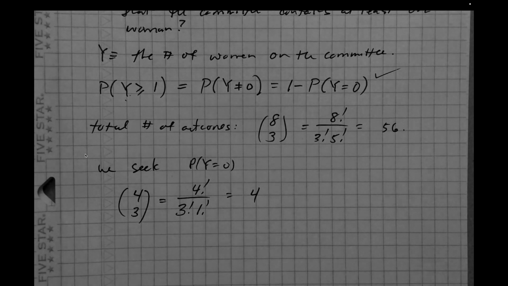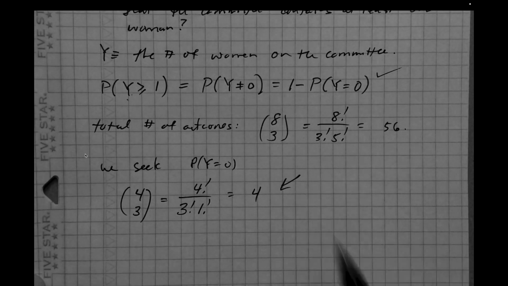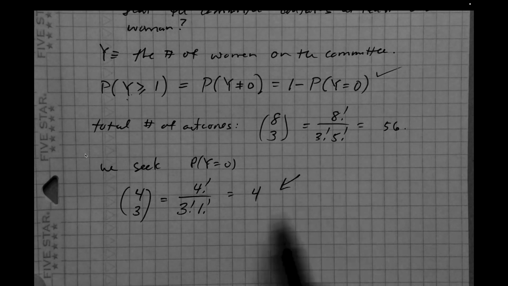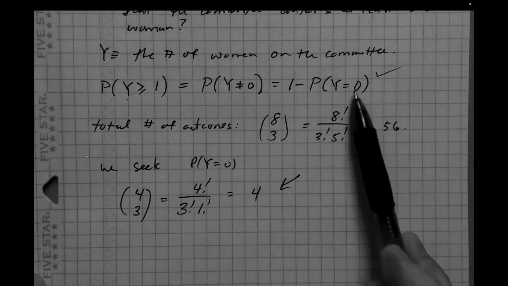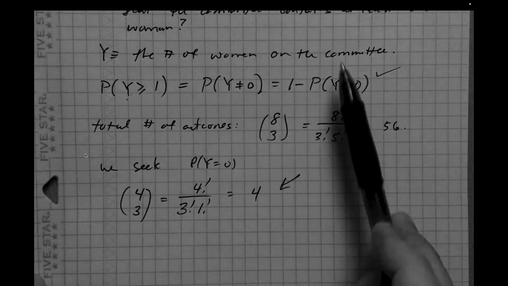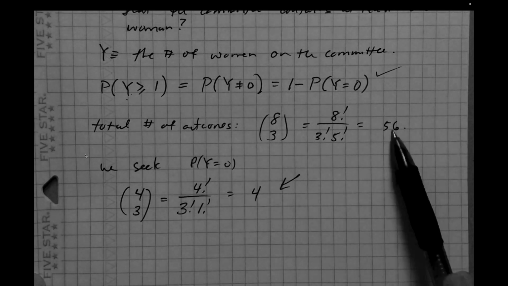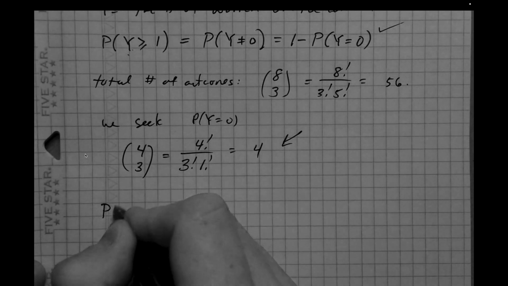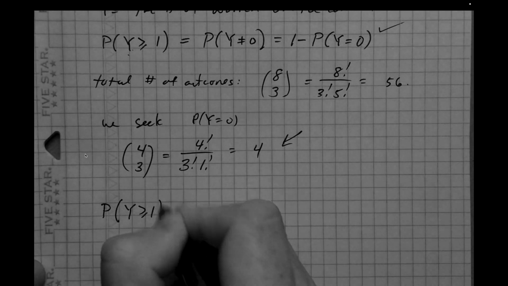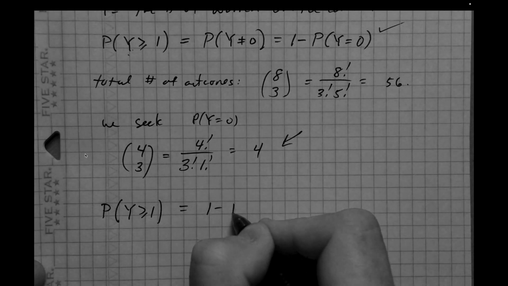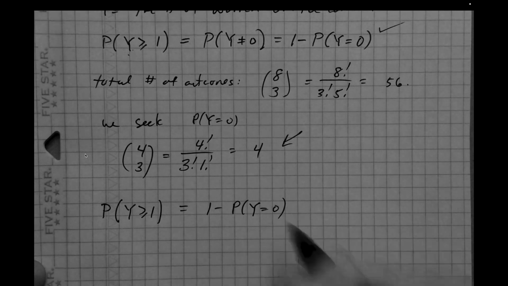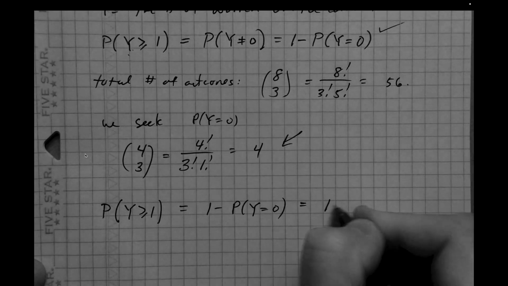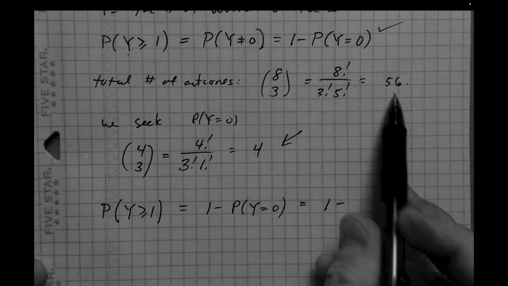All right. So now I know this is the complement of the desired outcomes. And then I've got the total number of outcomes here. So let's restate everything. The probability that y is greater than or equal to 1 is equal to 1 minus the probability that y is equal to 0, which is equal to 1 minus 4 over 56.